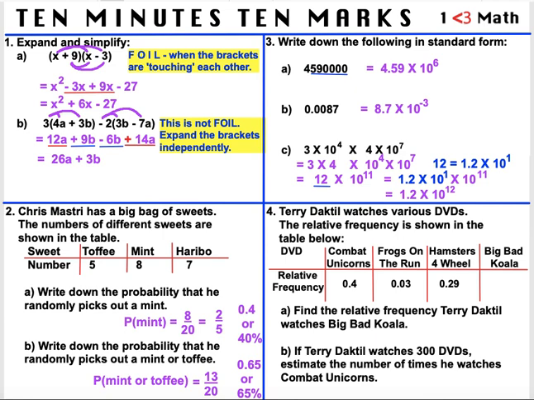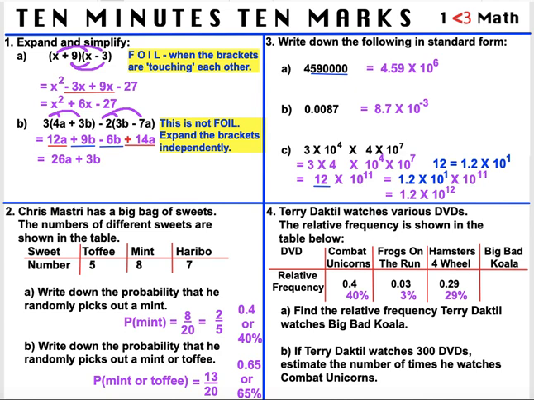Well, what we can do, and I always find it easier to change these relative frequencies to percentages. 0.4 is 40%, 0.03 is 3%, and Hamsters for Wheel is 29%. So what I can do is add these together. Remember that one of the 4 events has to happen. The 4 events' probabilities added together is going to add up to 100%, or 1 if we were adding the decimals.